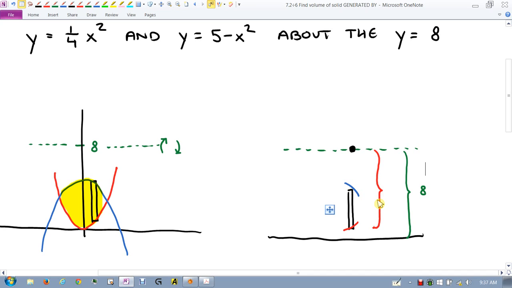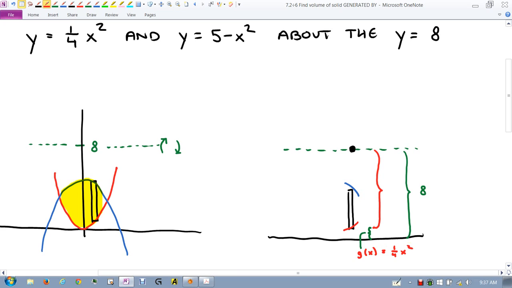But what is it? 8. It's this distance, take away how much? That little piece right there, right? This little piece right here is the red one. I should have done it in red, right? But this is g of x, isn't it? Which was which one? 1/4 x squared.